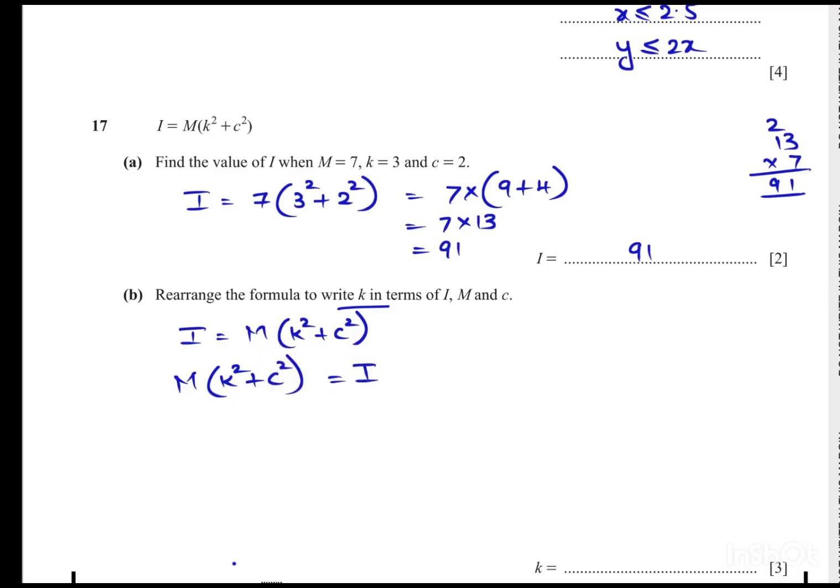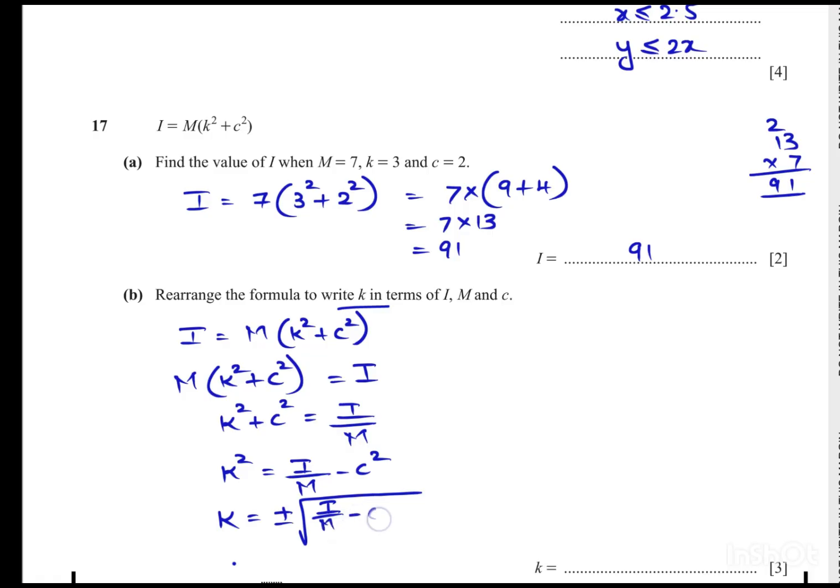Now bring m onto the right hand side, keeping k² + c² on the left hand side. So it gets divided by I. Then keeping k² on the left hand side, bring c² onto the right hand side. It gets subtracted. Because it is k squared, now k will be plus or minus the square root of I by m minus c². So this is the answer.